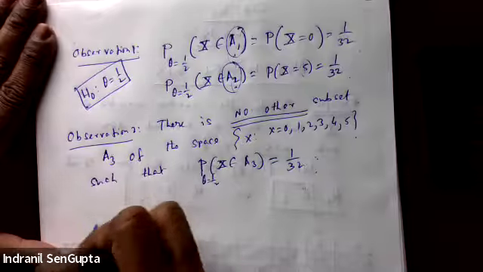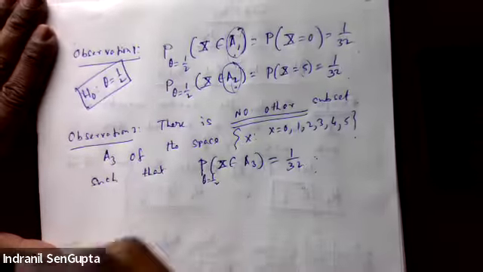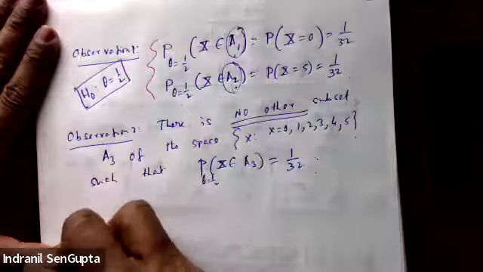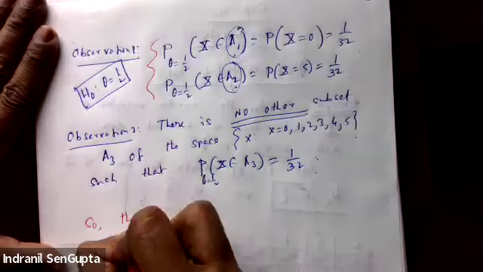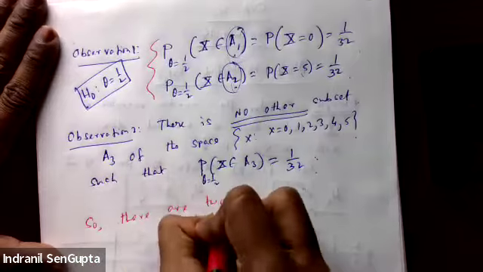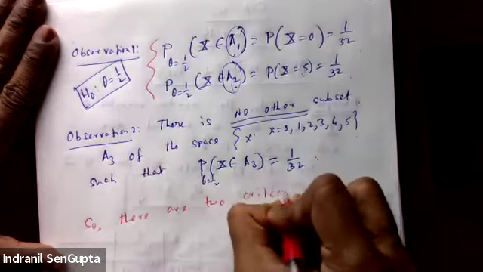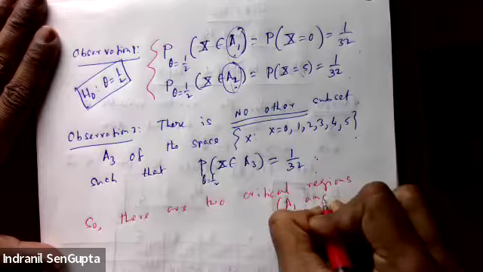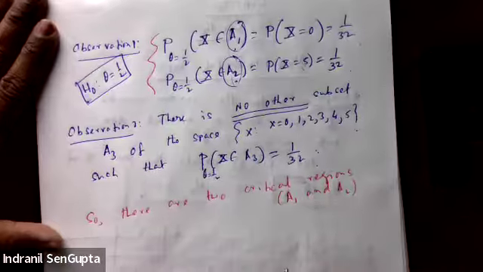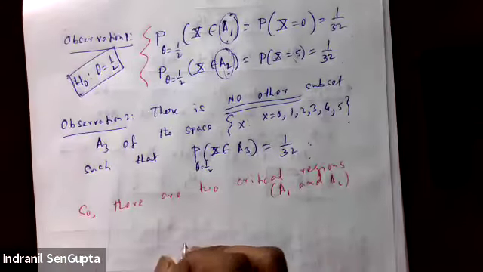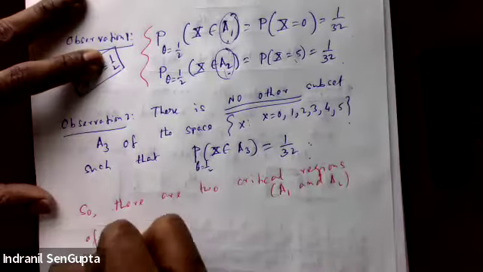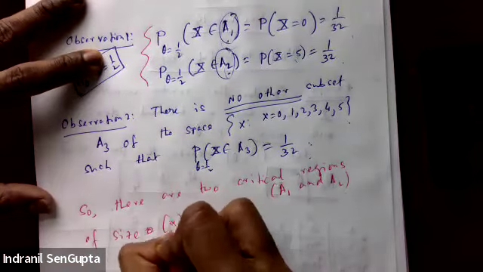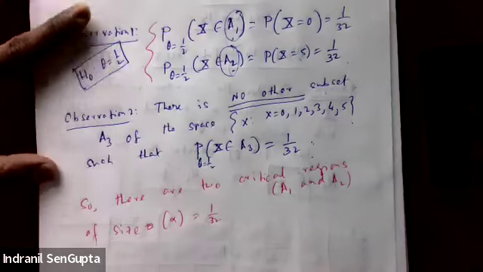Now, if we want to study a best, there are two critical regions, namely A1 and A2, of size alpha equals 1/32.